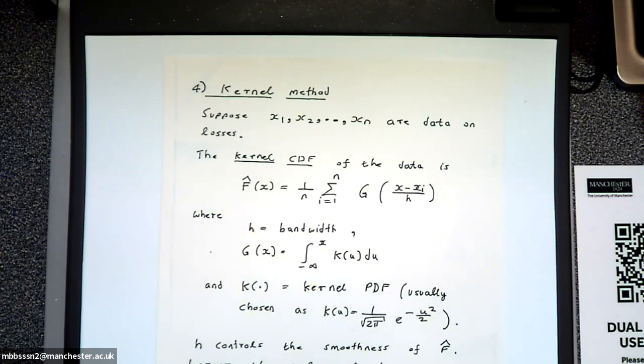F hat becomes. So the larger the value of H, the smoother the F hat will become. So the kernel estimation is like a smoother version of the empirical CDF. Remember the empirical CDF I showed you earlier, which is this one?